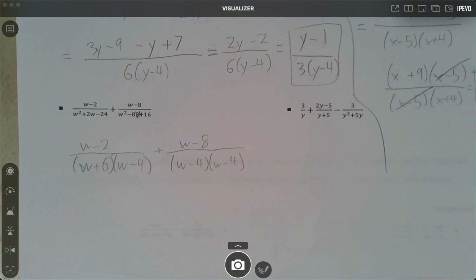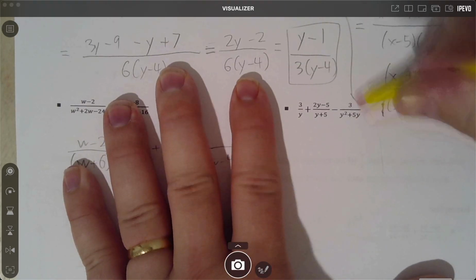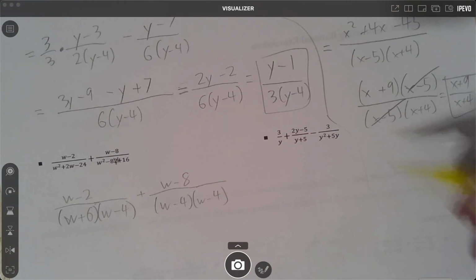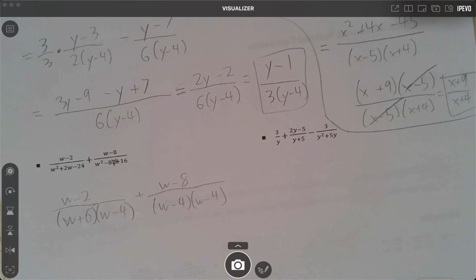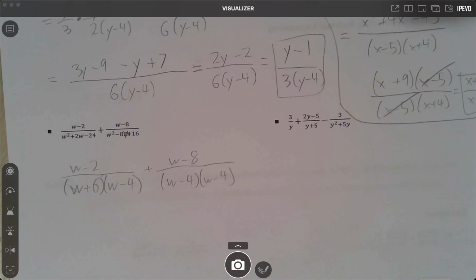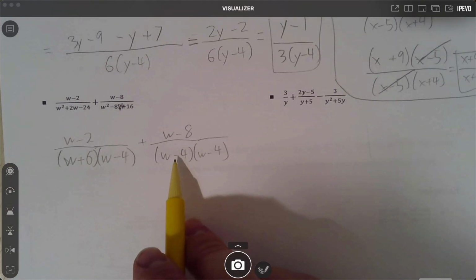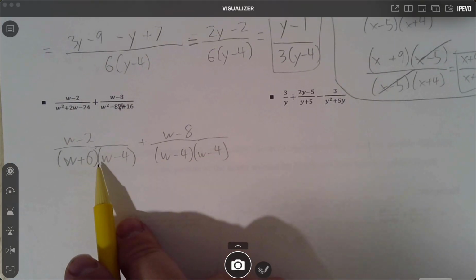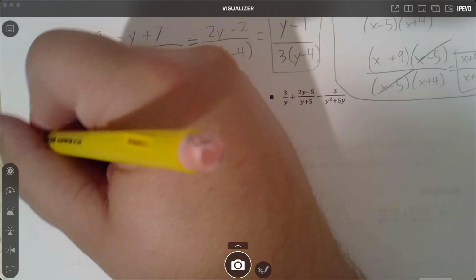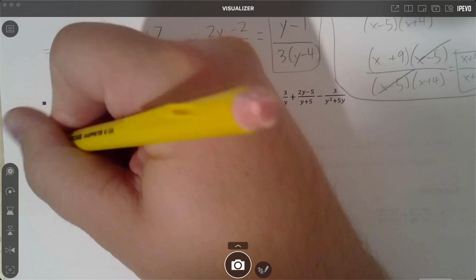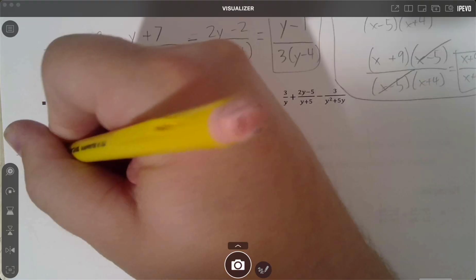All right. Now this one is definitely going to be intense because we need to deal with a lot. We're going to have to distribute and FOIL a lot because I see 2 shared w minus 4s, but the left-hand side only has 1 w minus 4, so it needs an additional w minus 4 in order to become common.